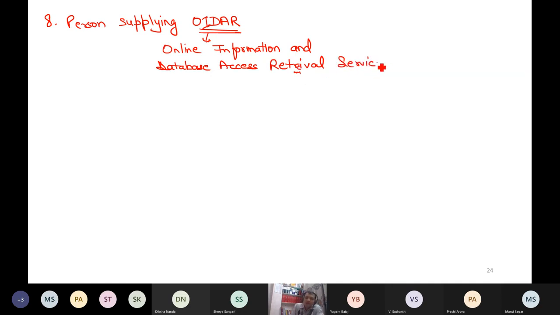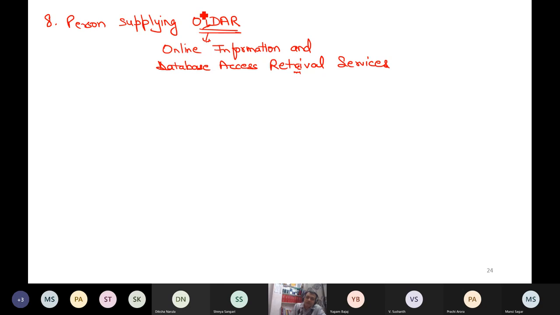These are OIDAR services. Because of globalization, so many times different companies have to take the services of online information and database access of other organizations. Now there have been some issues also, like Facebook shares the information, Google shares the information, etc. So these are known as online information and database access retrieval services.